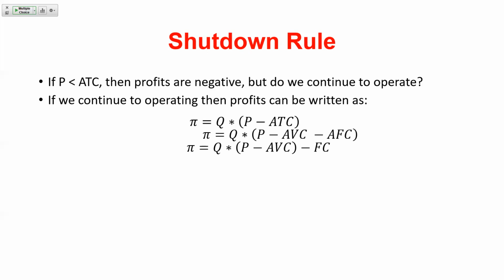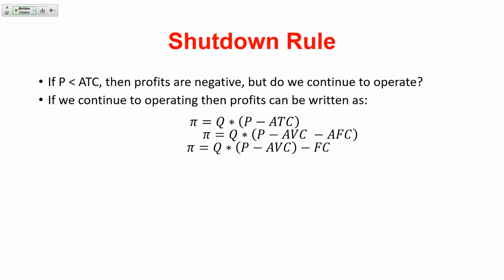You can work through this. All I did was use that my average total cost is average variable cost plus average fixed cost, so I broke that down into its two components. I then rearranged things a little bit. If I take my average fixed cost and multiply it by quantity, that just gives me my fixed costs. And then I have this portion over here.